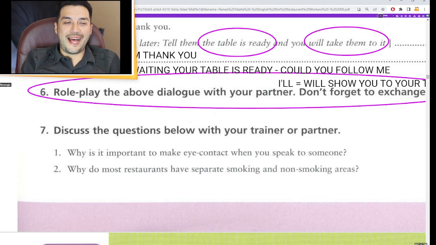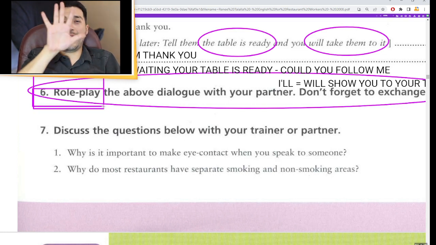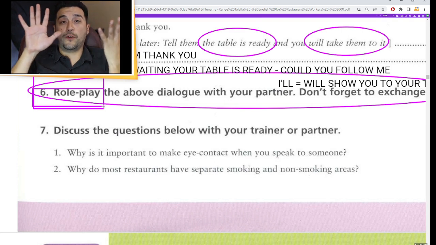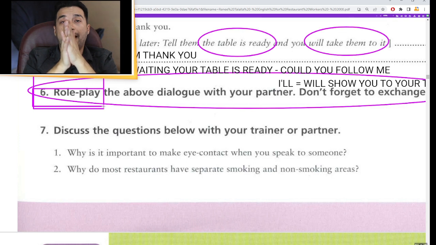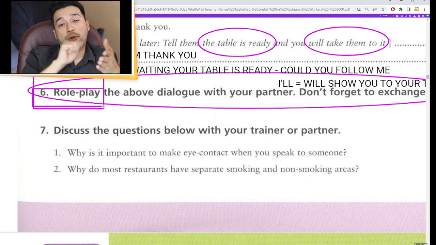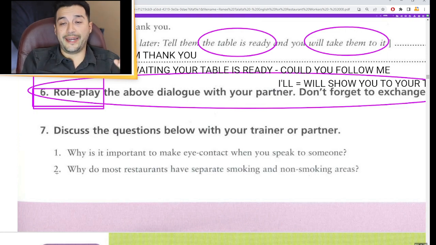All right, class. Excellent. Now for exercise 6, role play. Please take exercise 5 and exercise 4, all the lines for the waiter, put them together, and we need a role play, and you do a script just like we did in exercise 5.